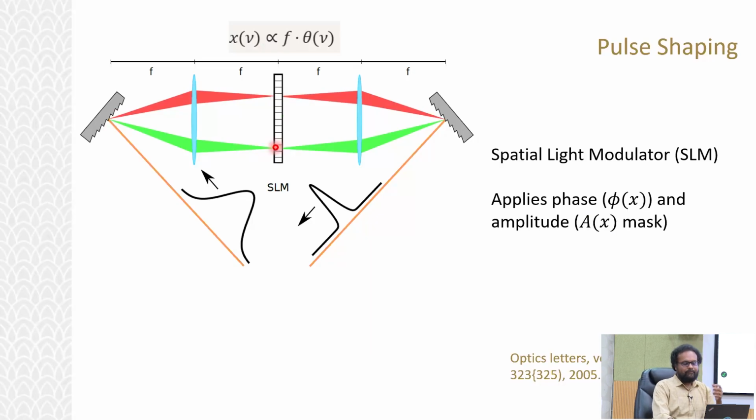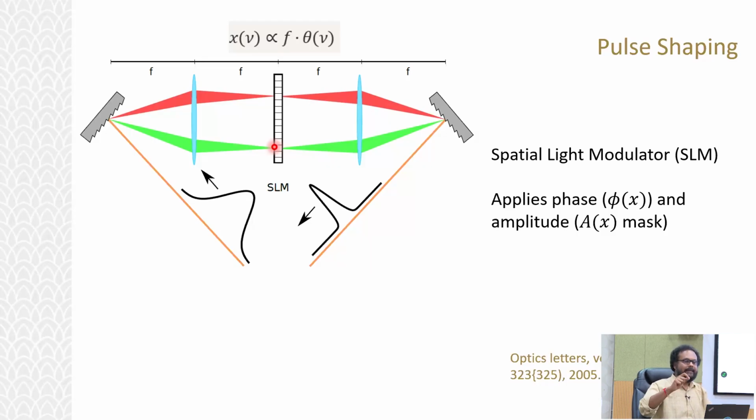So what we do in the 4F system is come with a field, disperse it exactly at the Fourier plane, which is the back focal plane of the first lens. You introduce a spatial light modulator, which is a liquid crystal display. There's no projector anymore here. There was a projector. The liquid crystal display, SLM, is what is used in a projector to project patterns. Basically, you can apply a phase or an amplitude mask.